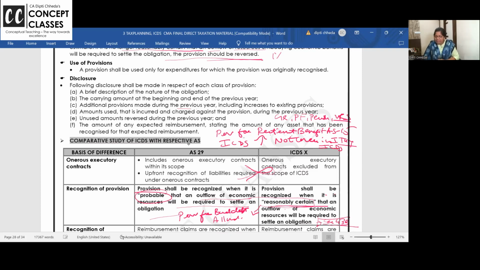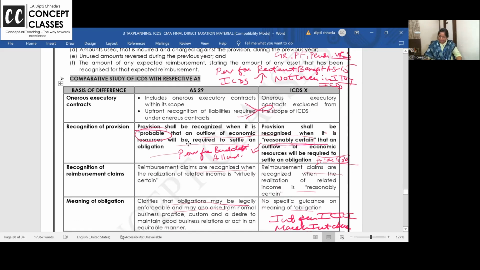Provision for retirement benefit are covered as per AS 15 and not as per ICDS. Not as per ICDS. Nice, clear to all of you? Chalo. Next.